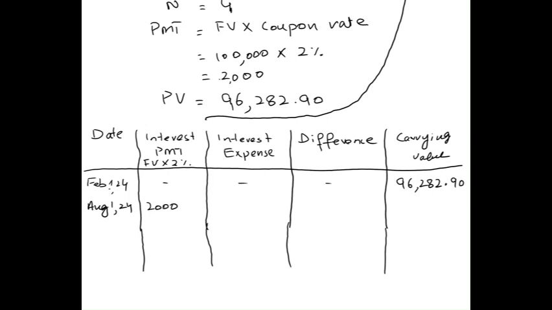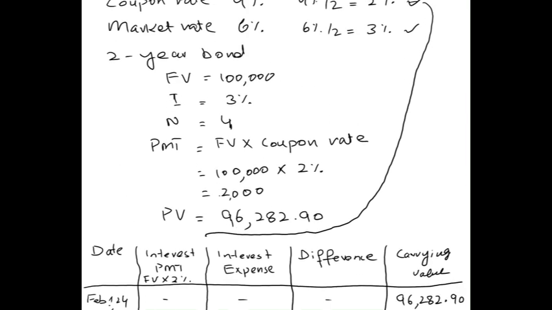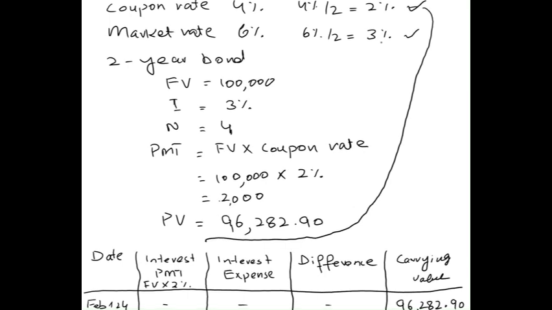Interest expense is the existing carrying value times the market rate. So existing carrying value is 96,282.90, and then you multiply it by this market rate, 3%.